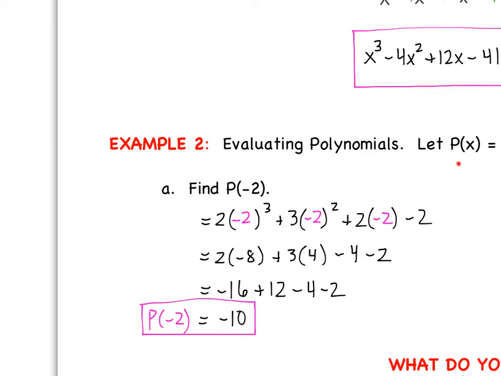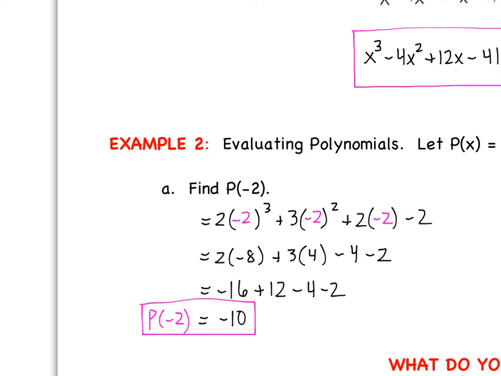Instead of x, we're going to plug in negative 2. So it's 2 times negative 2 to the 3rd plus 3 times negative 2 squared plus 2 times negative 2 minus 2. Then we go through our order of operations, so you can go ahead and do this on your own to verify that you get negative 10. So p of negative 2 equals negative 10.